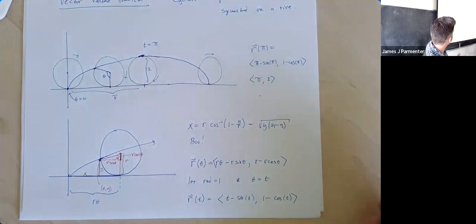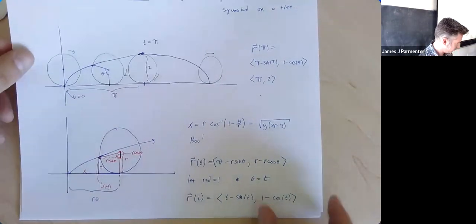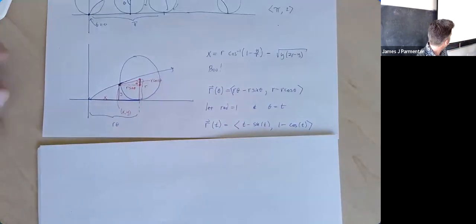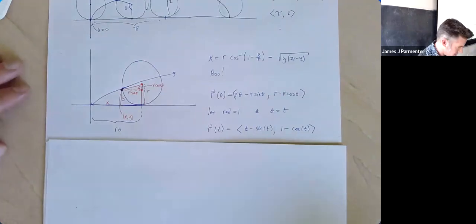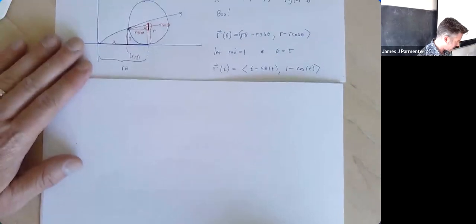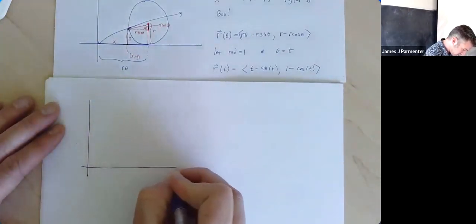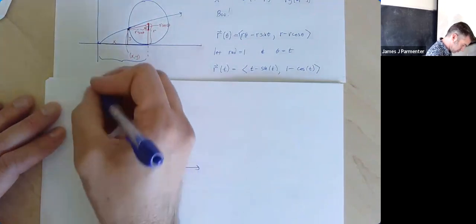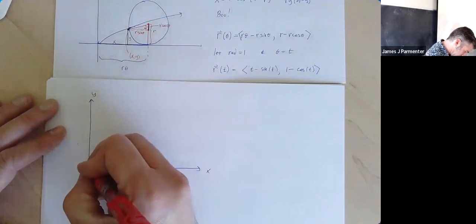Okay. What's interesting, I think, about this kind of vector valued function is that it really is describing any point on the cycloid with a vector. And this is something that maybe wasn't always 100% clear to me when I was a student. But if we draw this again, even though it's not the thing I'm best at drawing, here's the cycloid again, looking like this.